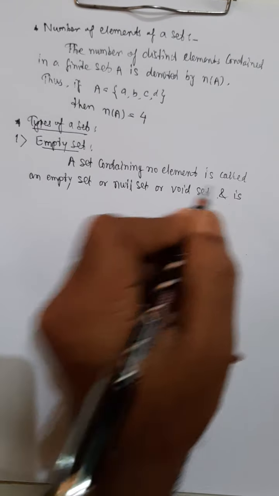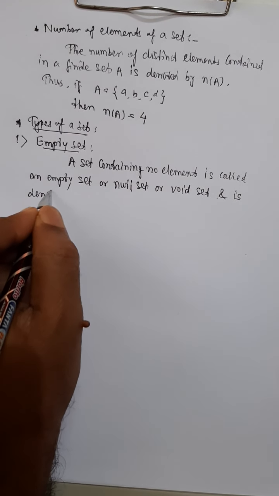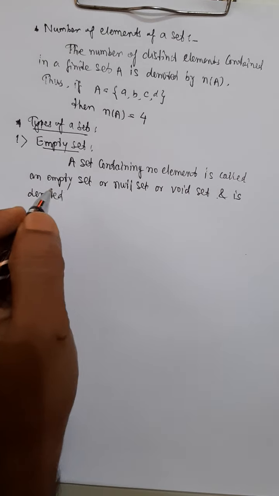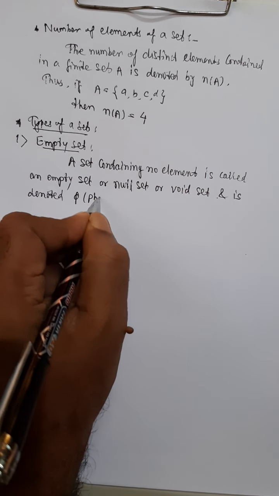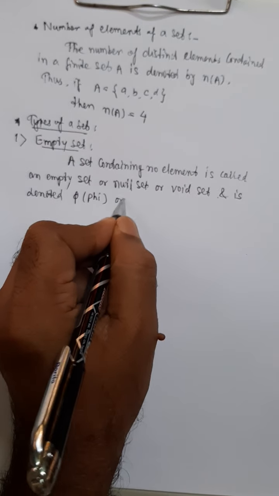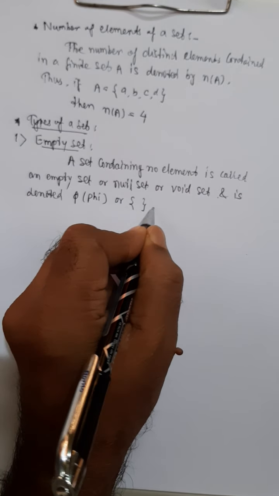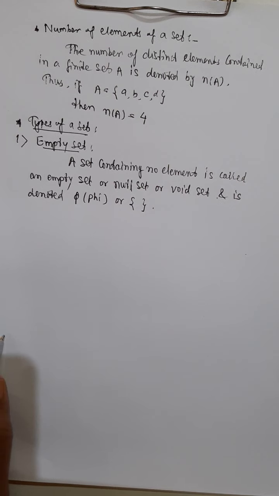It is denoted by phi, note that the empty set we denote by the letter phi, or simply by this empty bracket. That is called a null set or empty set.